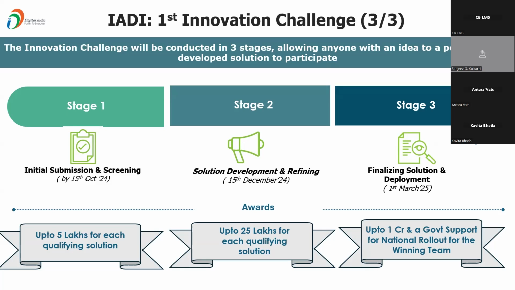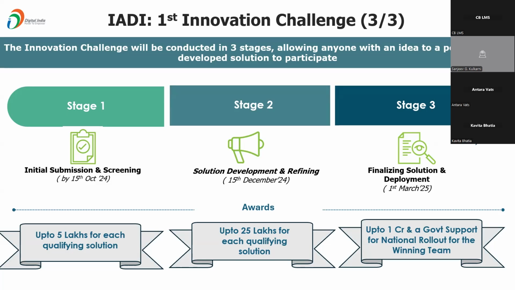For stage 2, going from stage 1 to stage 2, we will be giving 2 months time for the organization or agency which is selected to develop the solution and come back to the jury, so that they can present their work, and the winner of this will get 25 lakhs.